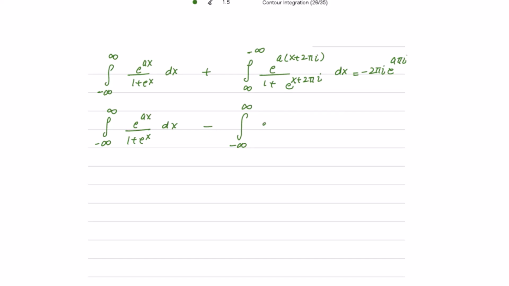And this is e to the power ax, and e to the power a 2 pi iota, right? E to the power a 2 pi iota over 1 plus e to the power x, and e to the power 2 pi iota is 1. And this is dx. This is equal to minus 2 pi iota e to the power a pi iota.